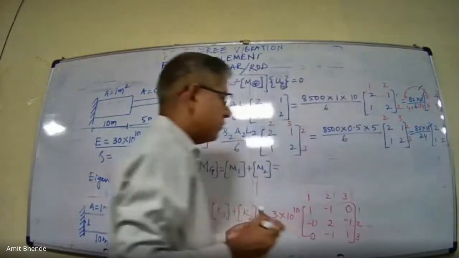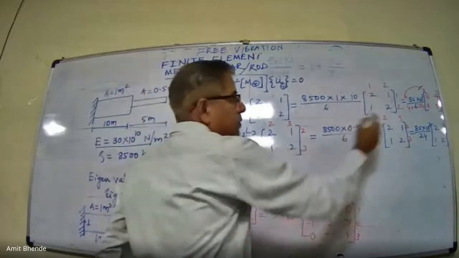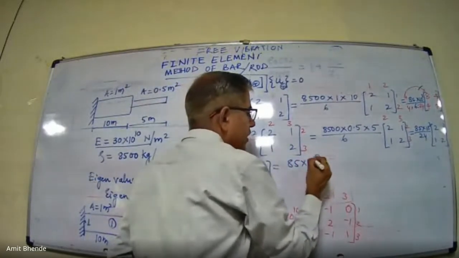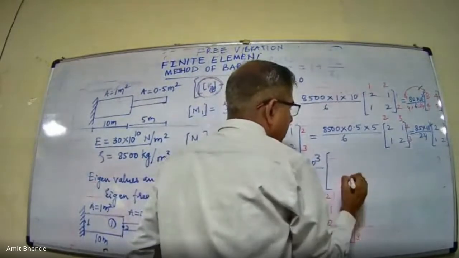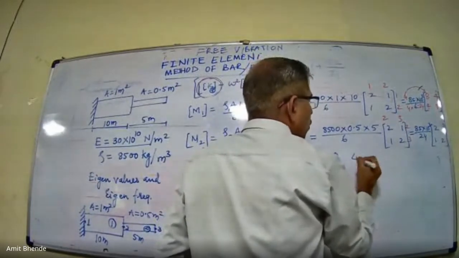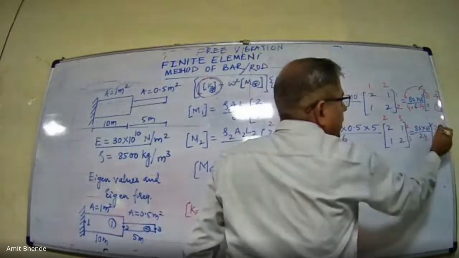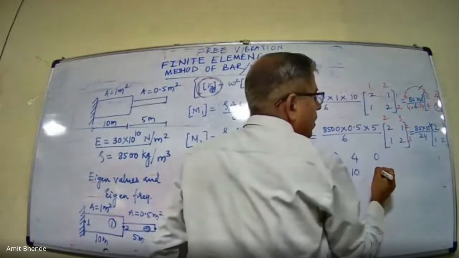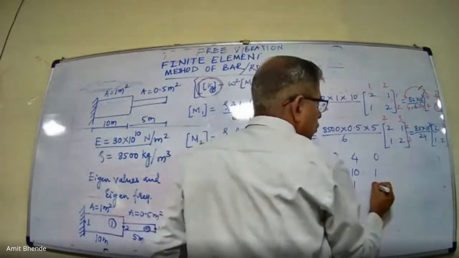Now the multiplying factor is common, so that is 85 into 10 to the power 3 divided by 24, and in bracket it will be 8404. Now this 8 plus this 2 will get added, so it becomes 10, 1 0 1 2.